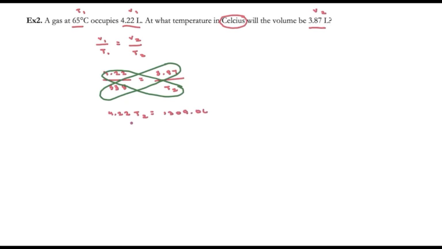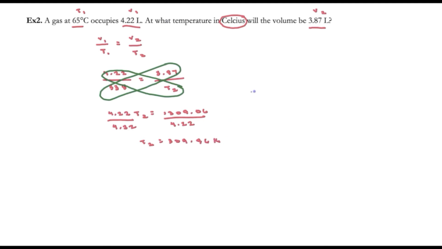And then the last step I need to do for this part is divide by 4.22. Then I have my T2 is 309.96.